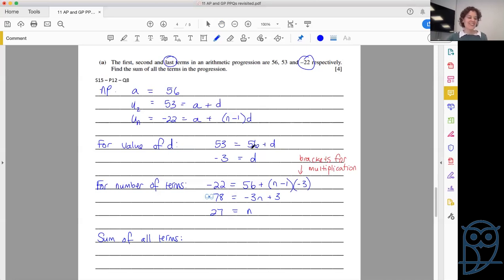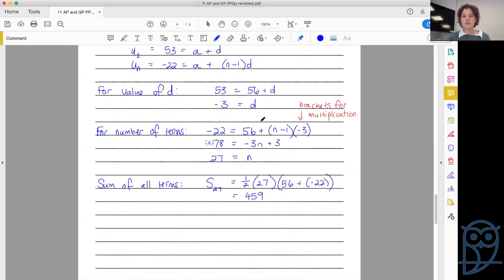But just for the fun of it, in this case, we're going to do S27 equals 1/2 n, and then a plus l. Substituting with brackets to keep things safe. Plug it all into a calculator one time, and we get 459 as the sum of all our terms.